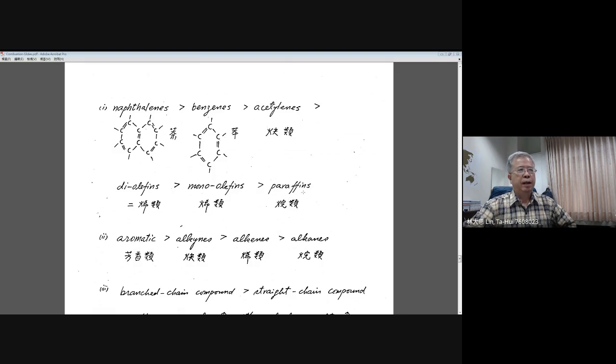Okay, and you can find that if you have a single chain for the paraffins, they need to absorb more heat for cutting all the chemical chains. But for example, there is a double chain for the benzenes and ethylenes. Ethylene has a double chain. Those double bonds are an unsaturated hydrocarbon.